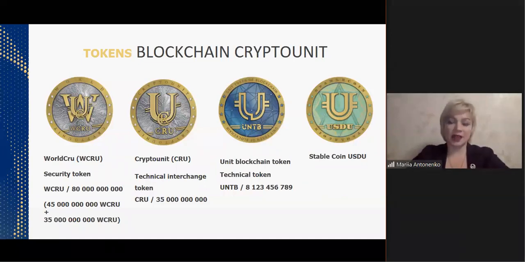We are preparing synchronization transfer of all the data from CRU back office to blockchain to our crypto wallets. Starting from March, we started to test on the test server a button of generating a key to get access to your CRU tokens.